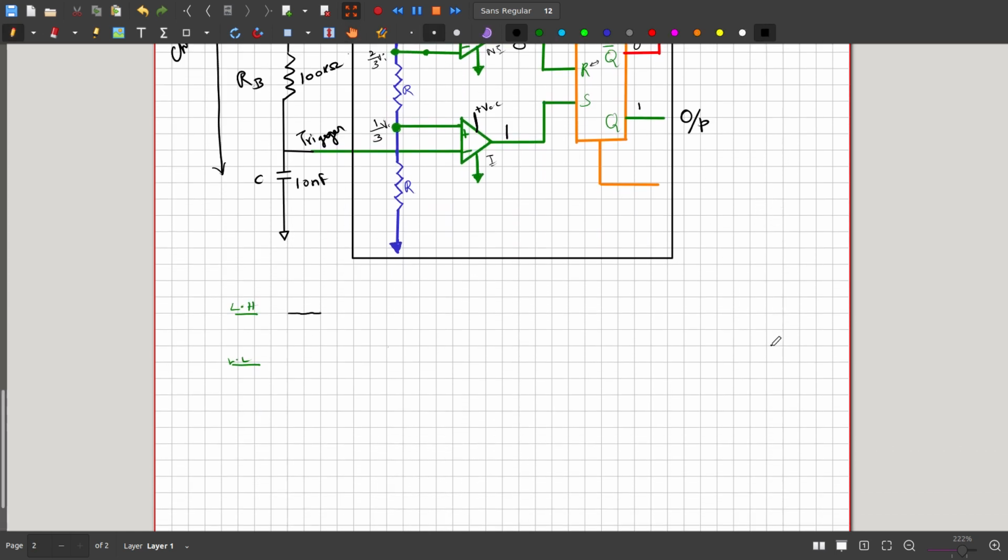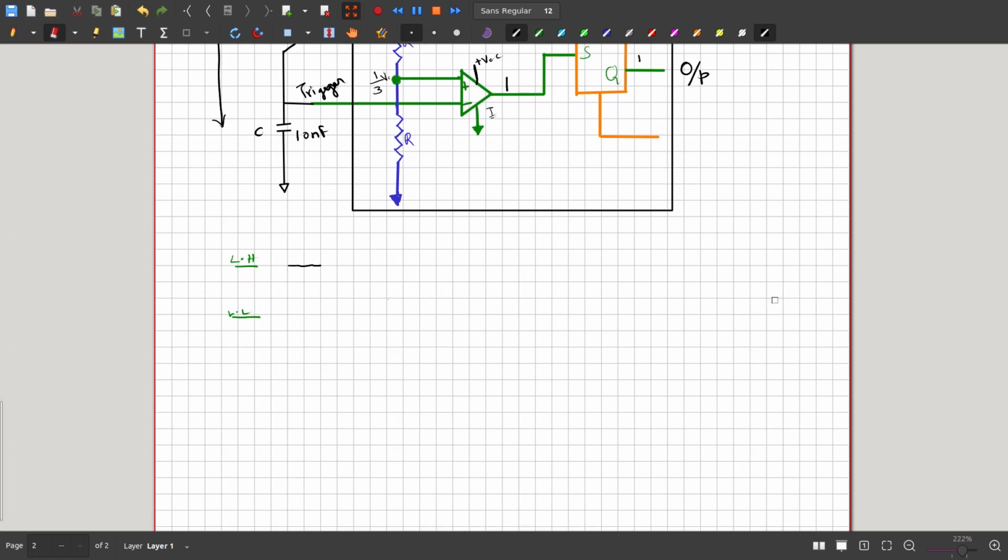We know that the capacitor charges in this fashion, something like this.